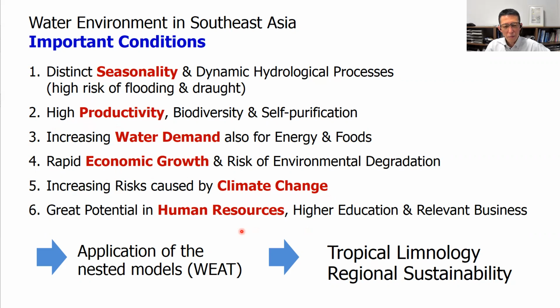It's complicated, but this nested model we presented today can be very powerful, depending on how we use it. This helps us understand the system, and also can help us make a decision on which countermeasure is effective and feasible. So through this application, I think we are also able to develop tropical limnology and overall regional sustainability.